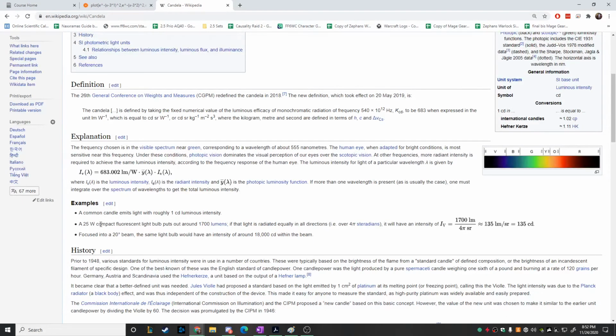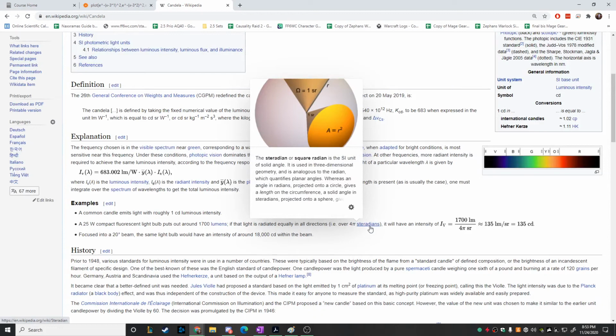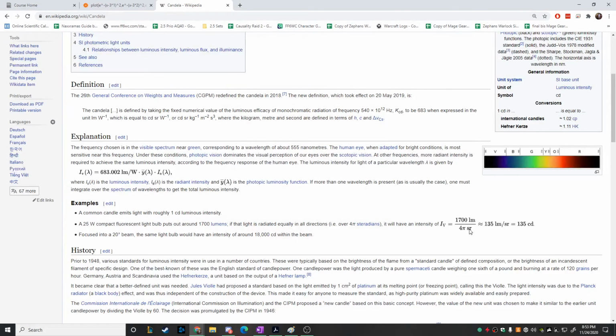A 25 watt compact fluorescent light bulb puts out around 1700 lumens. If that light is radiated equally in all directions, i.e. over 4 pi steradians, which is a three-dimensional version of a radian, it'll have an intensity of lumens per steradian. And that's the candela. So lumens and candela are very much the same thing, because radians aren't really a unit. So this is intensity, but it is definitely a different unit.